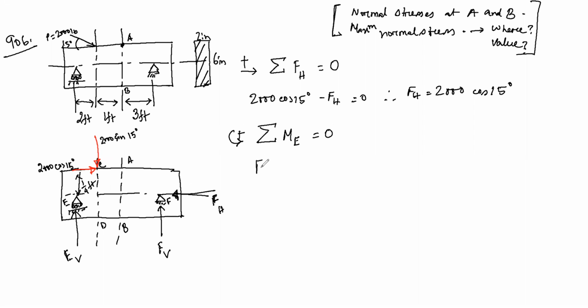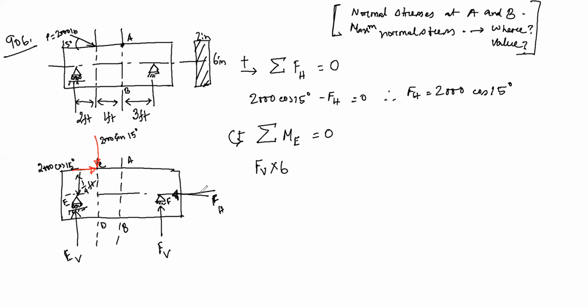So FV into this distance, so 3 plus 1, 4 plus 6, so 6. Will it be positive or negative? So FV is positive, as this one also gives you the counterclockwise direction.